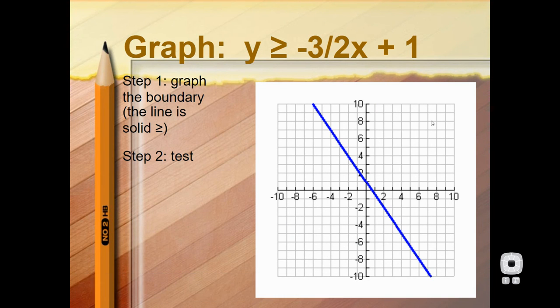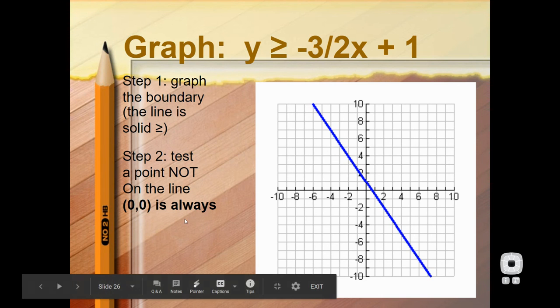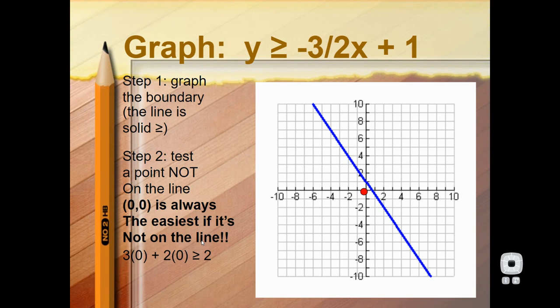Well, one of the things I can do is use a test point, and I'll use a test point that's not on the line. 0, 0 is an awesome point to use, and it's easiest because when I plug it into the equation, it is very simple to find.